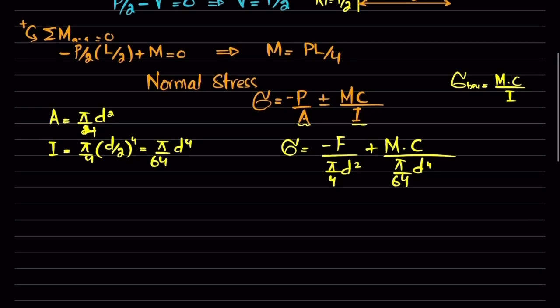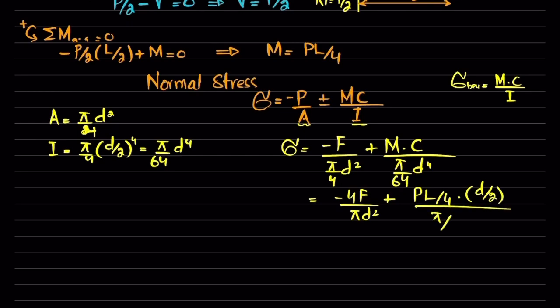Now if you simplify it, it will be equal to minus 4F over pi D square plus this moment, which is again equal to PL over 4, into C, which is D divided by 2, divided by pi by 64 D power 4.